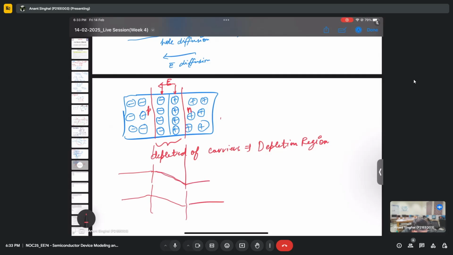This gradient tells us that there is some electric field, and it is always up the hill. Up the hill means wherever the band is going up, the electric field direction will be in that direction. From the band diagram also you can tell the direction of the electric field. That is what I want to say basically. And this region is also called the space charge region, or depletion region. There are various names for it, but this is very basic.